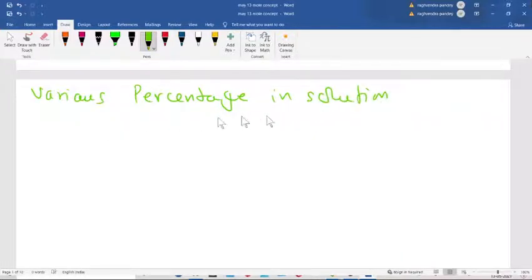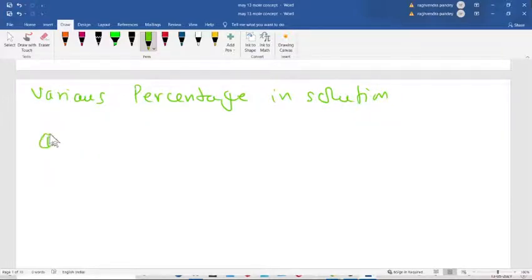So there is another method to describe the concentration: percentage. There are various percentages. If you see any bottle of medicine or syrup, you will see the percentages on the back side. There are different types of percentages.